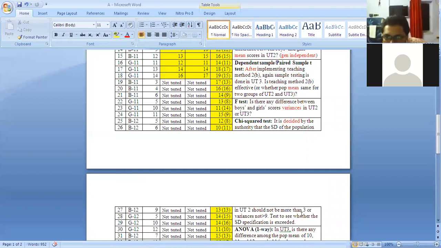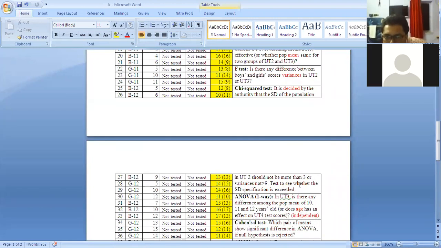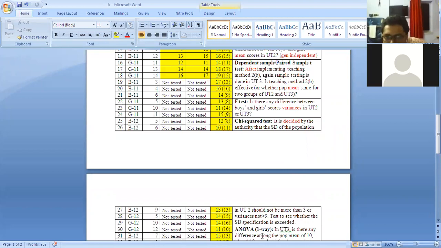You are comparing two different populations. Okay, so for that purpose you are using chi-square test. Okay, so Deepika B is saying that, sir, can you repeat chi-square again, please? Yes, I'm again repeating chi-square test.